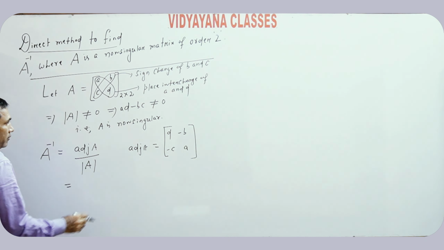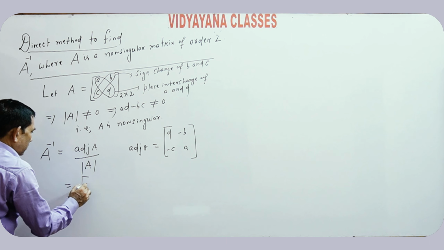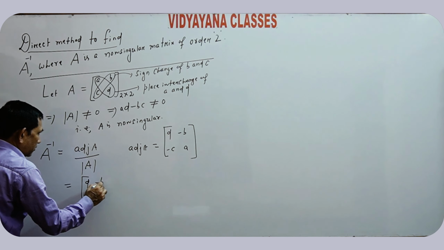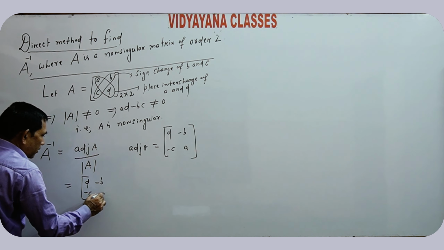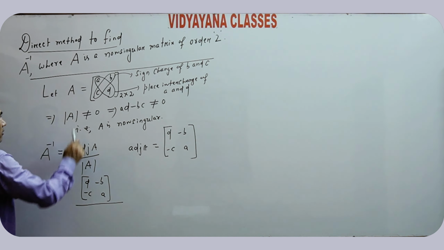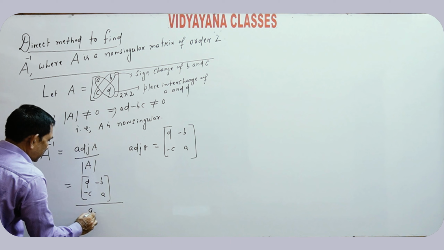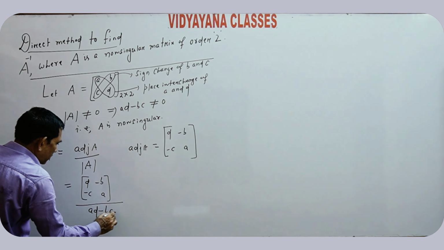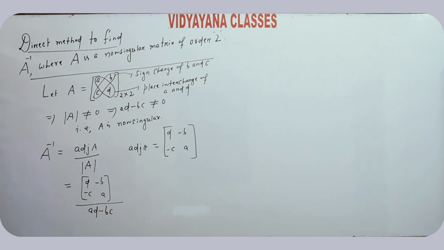Adjoint of A is given by D minus B minus C A, divided by A determinant. A determinant means AD minus BC, which is not equal to 0.